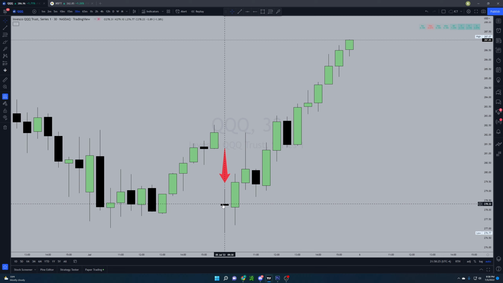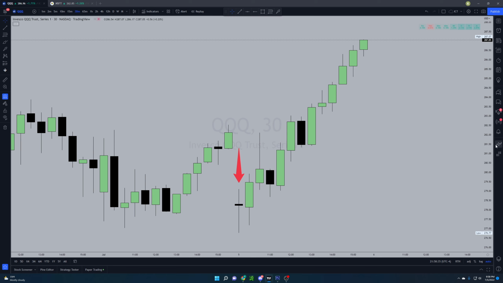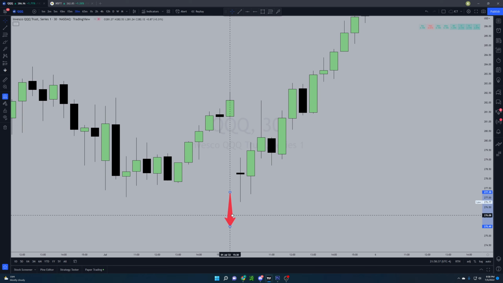Because the body of the candle is leaning a little more towards the top end of the candle. Either way, you guys can see one thing is very apparent, this bottom wick down here, right? There's no denying this bottom wick.